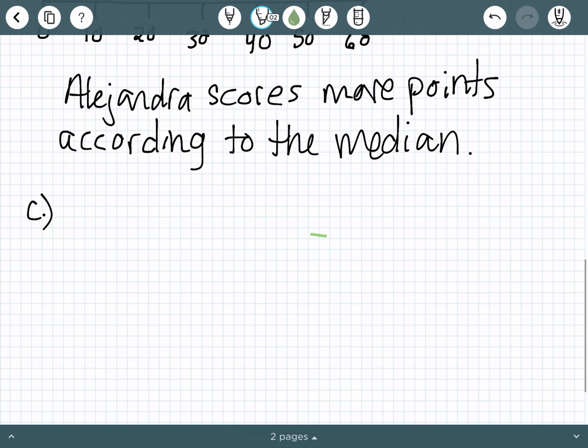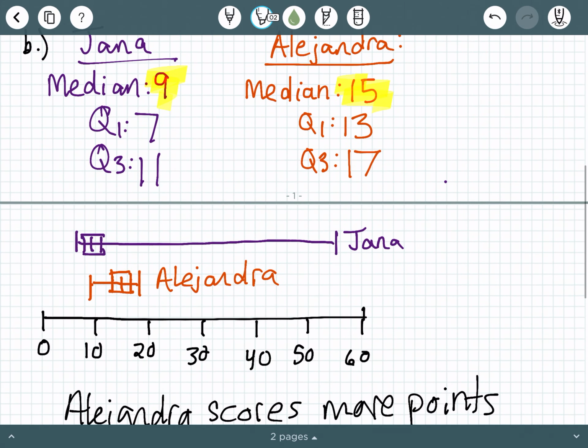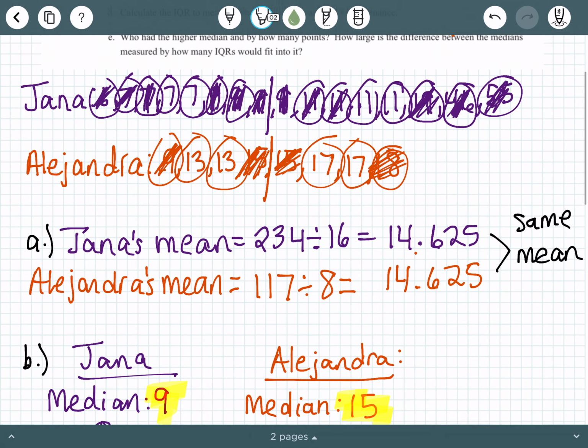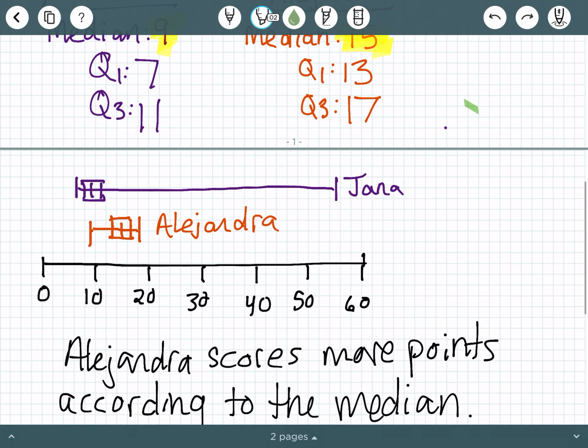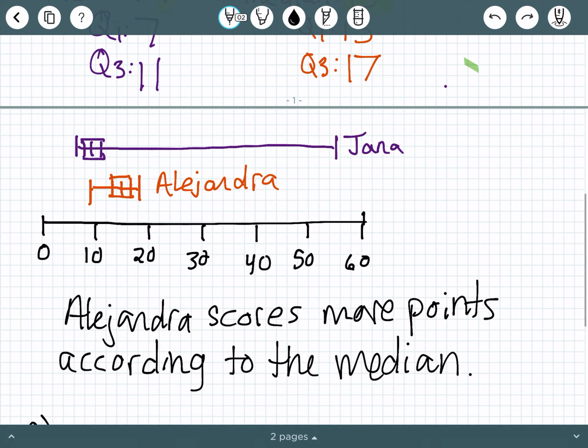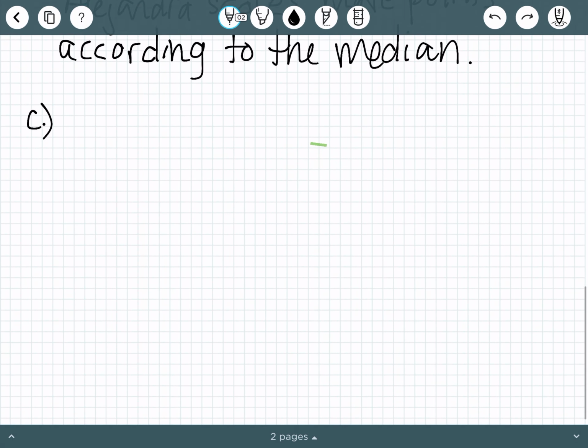And even if we look at her scores in the list, it's kind of hard to see now because they're crossed out, but she had a 46 and a 55, and those are a lot higher than her next highest, which was 19. So we could say that those scores are outliers. Let's go ahead and put that into words now.